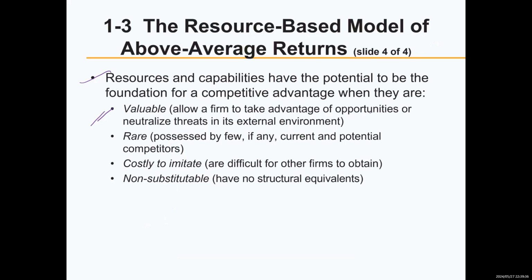right? Number two, when resources are rare, which is possessed by few. So when possessed by few, whoever your competitor is, you still have the advantage. Number three, resources are costly to imitate. If other people cannot find it or it's very costly for them to obtain, and for you it is inexpensive, you still maintain above average return and you maintain competitive advantage.